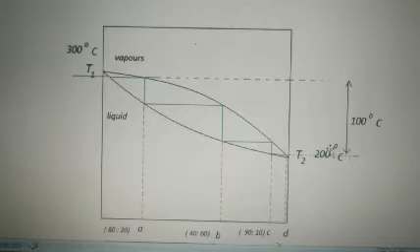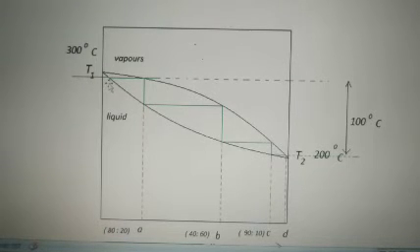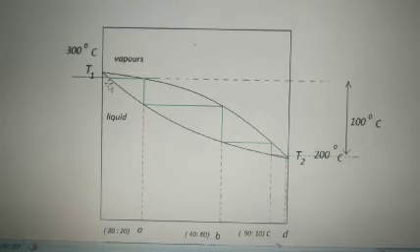Suppose in between these two temperatures, 300 and 200, I take any temperature shown by a green line here. The green line is cutting the liquid line as well as the vapor line.